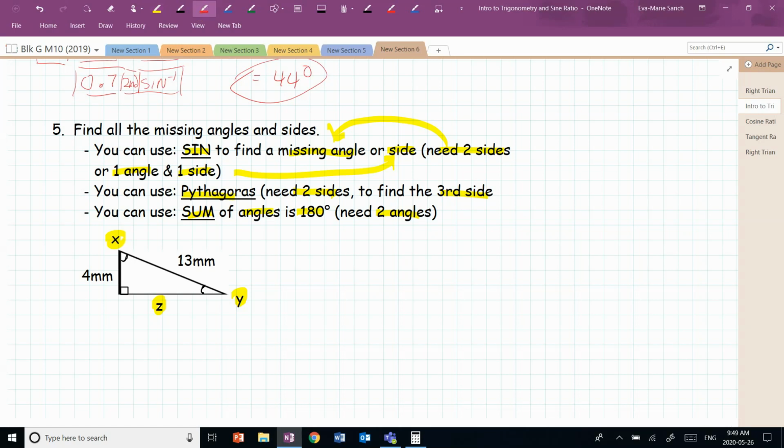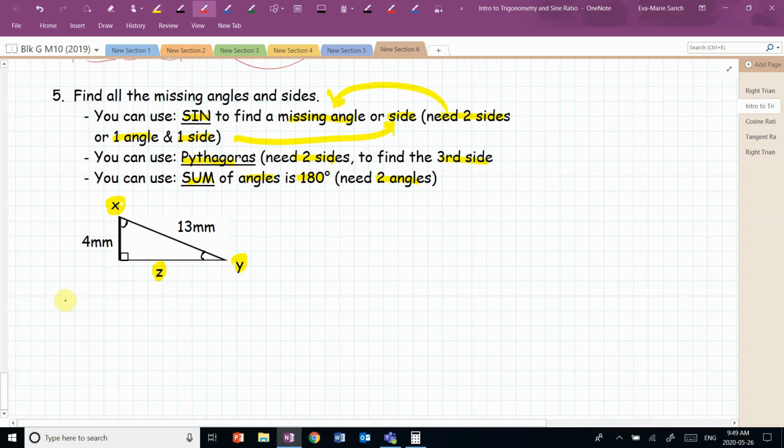So maybe some of you like Pythagoras. So I'm going to go back and review Pythagoras here, right? So we're going to find the missing side Z using Pythag, okay?